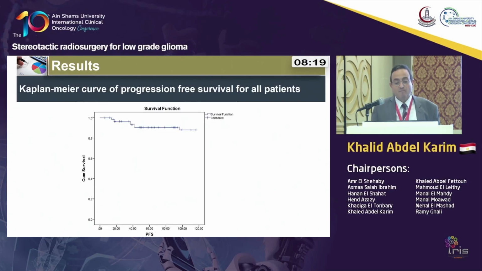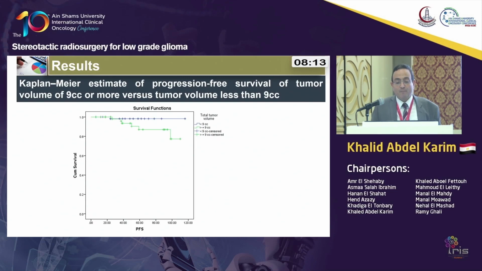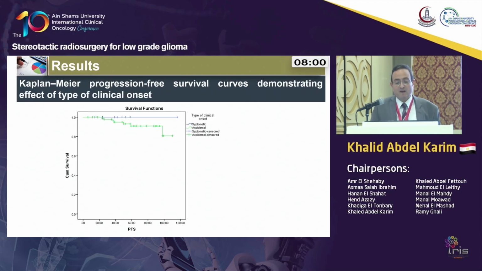This is the Kaplan-Meier curve for progression-free survival for all patients, and to compare patients with less than or equal to 9 cc and more than 9 cc volume in respect of the survival. So the smaller volume had better survival.